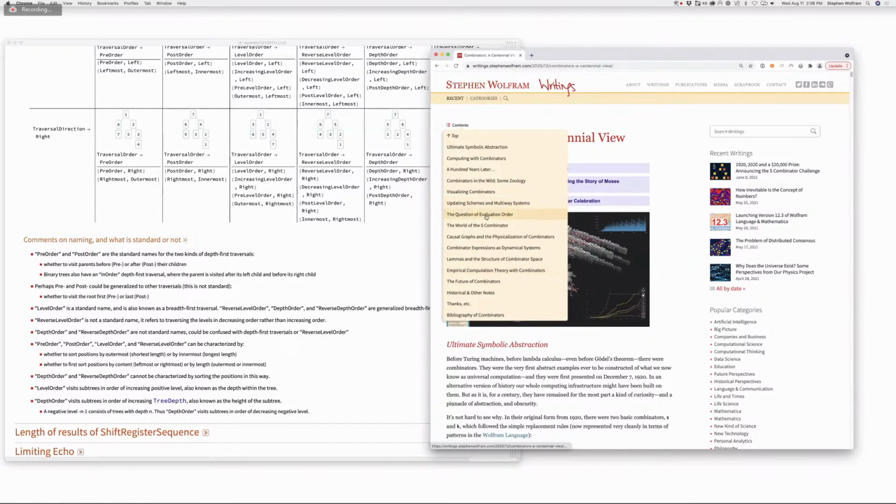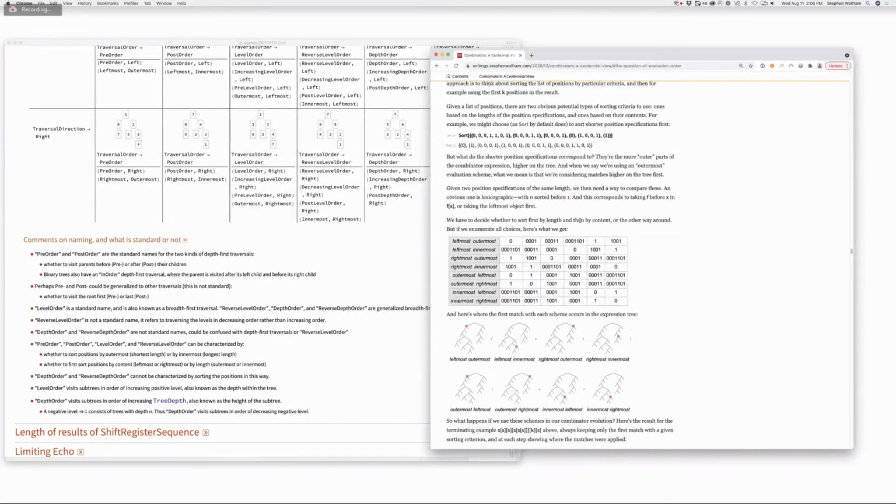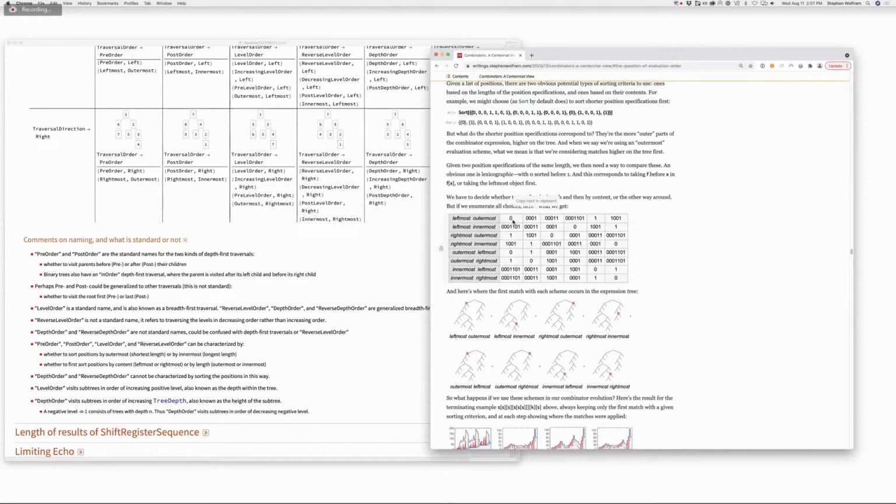Updating schemes, the question of evaluation order. Okay. So what we're thinking about here is we've got these tree positions, right? And the question is, how do we sort? So there are some WFR functions that do some of the sorting, right? Yes, and I looked at them.